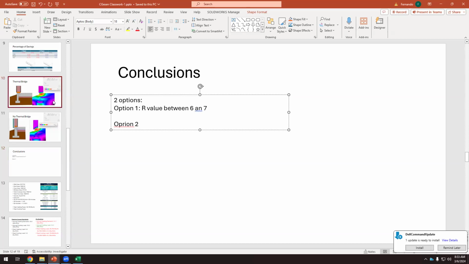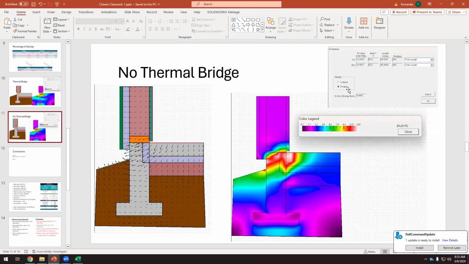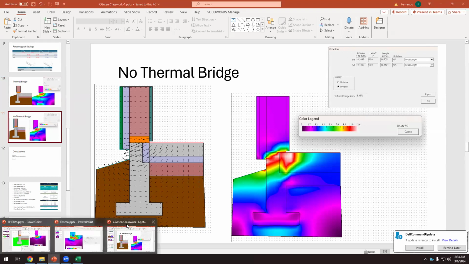It's very low, because according to the passive house standards, we should have around 50 in the wall, around 30 in the floor. So in this detail, I have 6. It's quite bad. With the second option, you added thermal insulation, and this value is higher.